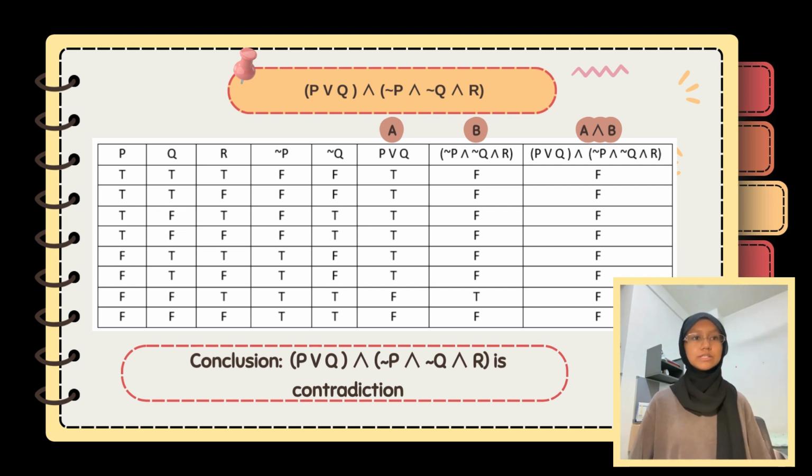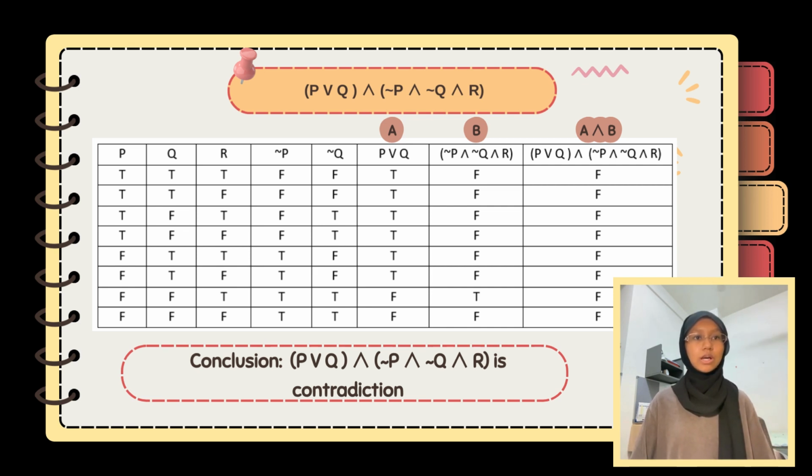Moving on to the sixth column, which is P or Q. P or Q is true when one of the statements or both of the statements, P and Q, are true. If both of the statements, P and Q, are false, then the column of P or Q will be false.